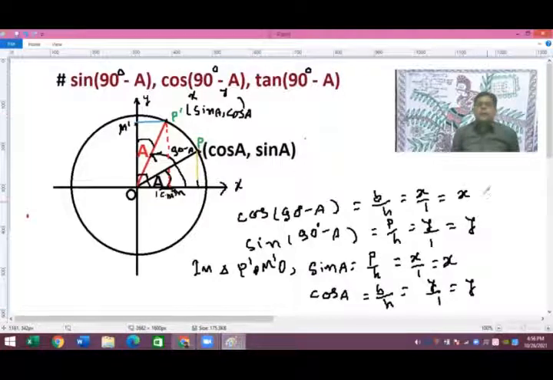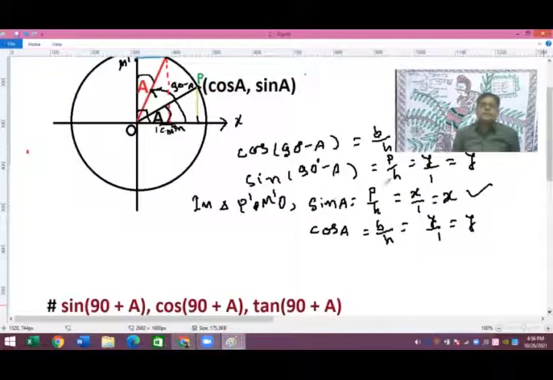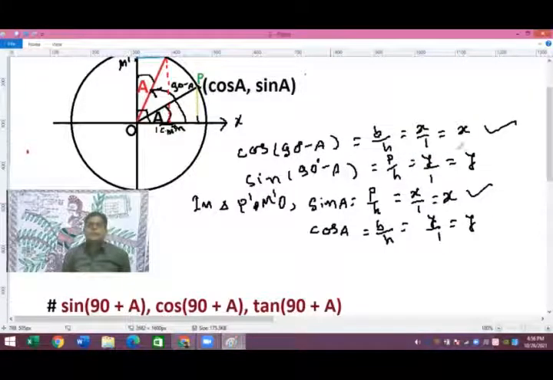Now compare this and this. Both are the x, so x equal to x, alright. So what you can see here is that this is x and this is x.